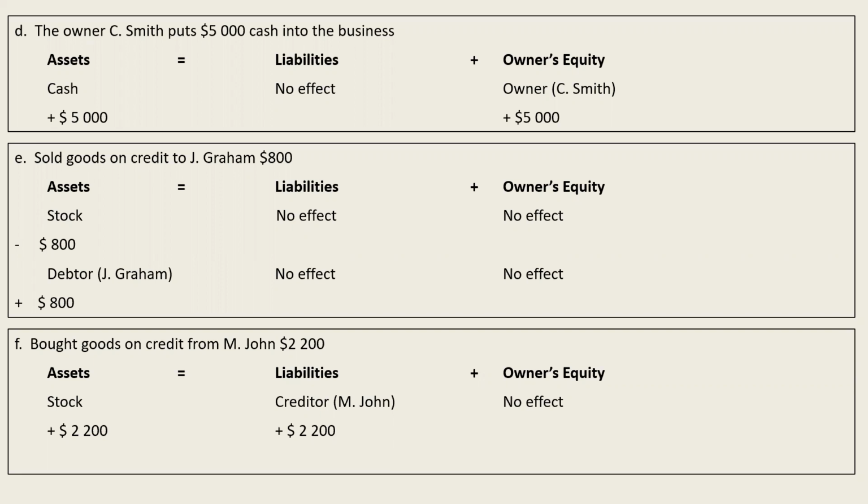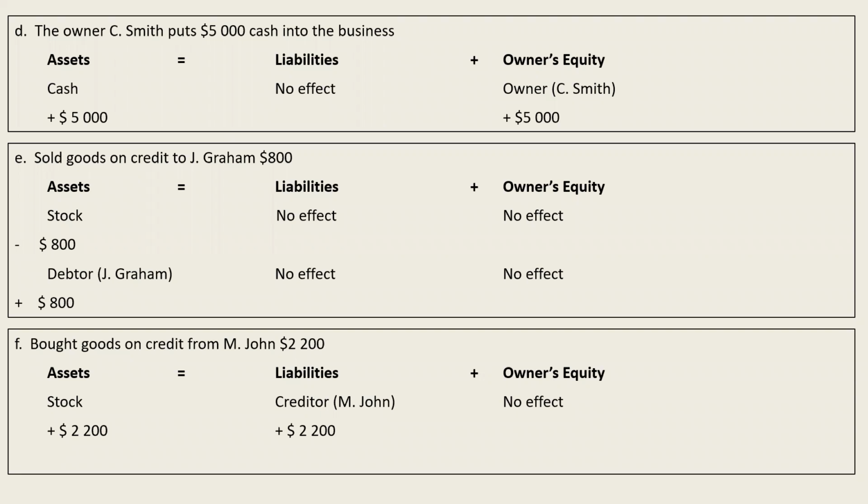And of course, because J. Graham got those goods on credit, it means that J. Graham has to pay for those goods. So you are going to put a plus, meaning that the business is going to await the payment from J. Graham. So the business has recognized that J. Graham has to pay that $800. The business recognized that $800 already as an income for the business.